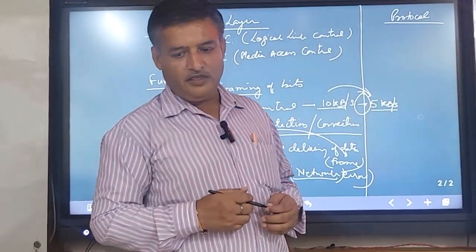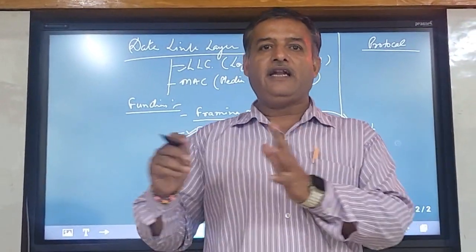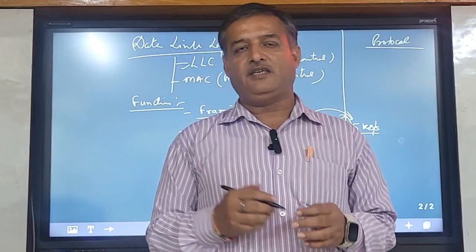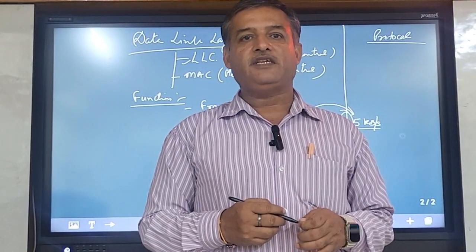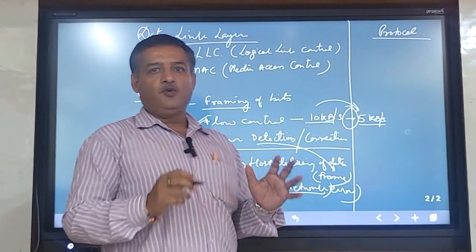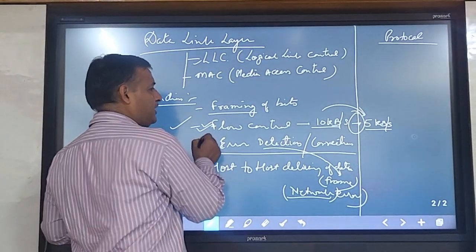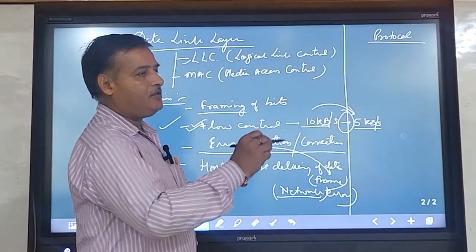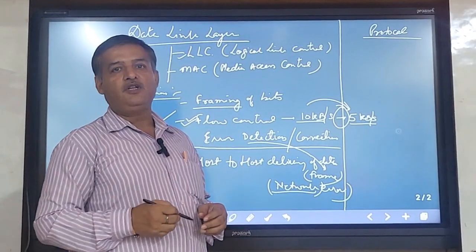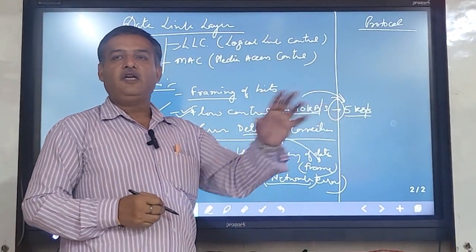As I told you yesterday, up to the level of the NIC card, whatever data is being transmitted, it is the responsibility of the data link layer that the data reaches the NIC card of the receiver end.